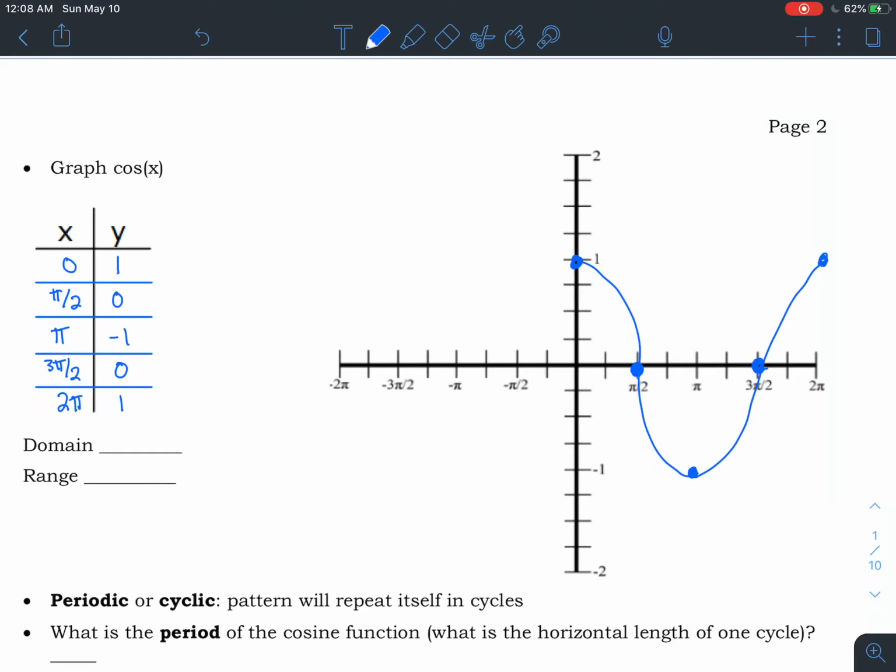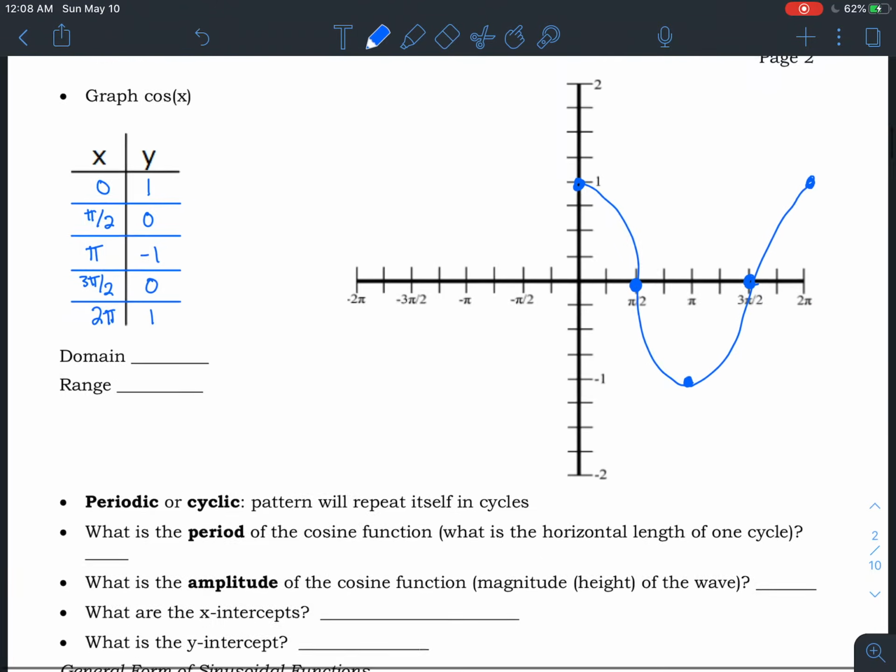It's just that for cosine at x equals 0 at the y-axis, I'm starting at the crest of my wave, and then I do one full revolution, one full wave, and then I end back at the crest. So that's the difference. It's really just taking a sine wave and looking at the next portion of it, because again, cosine starts at 1 instead of at 0 for the x values.